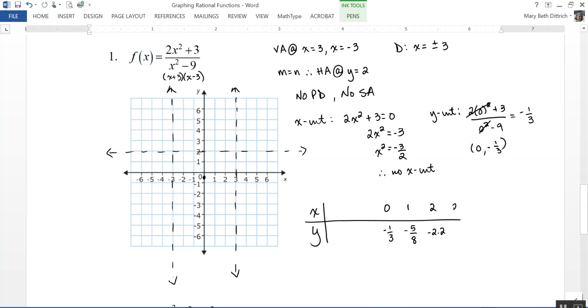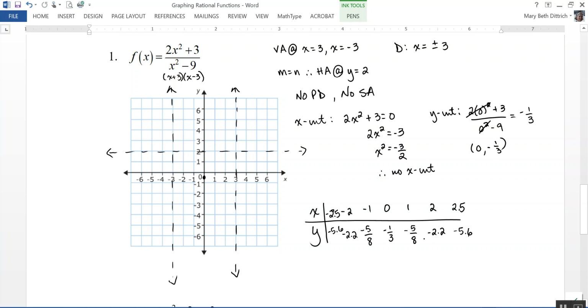And when I plugged in 2.5, I got negative 5.6. When I plugged in negative 1, I also got negative 5/8. When I plugged in negative 2, I also got negative 2.2. And when I plugged in negative 2.5, I also got negative 5.6. My table's a little sloppy there. So I'm seeing that there's some symmetry going on there.